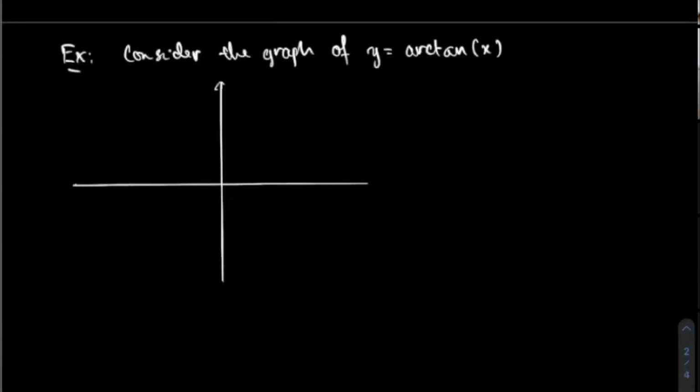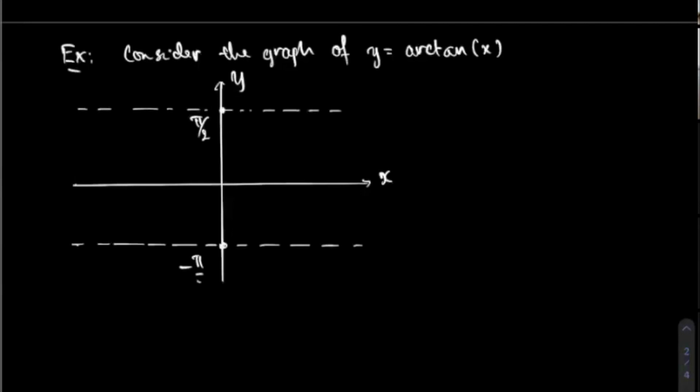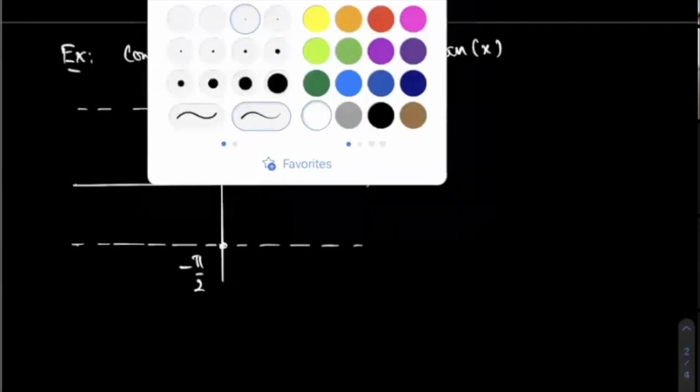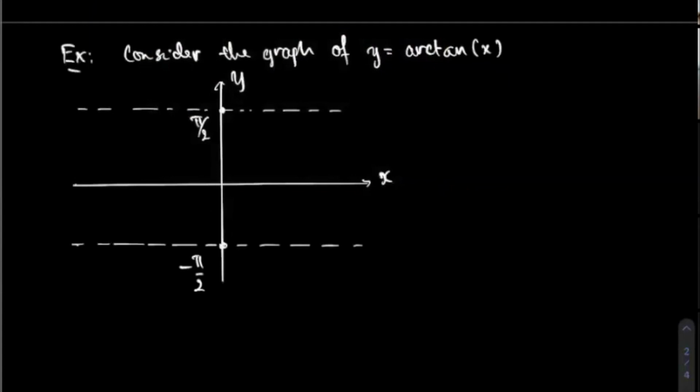So let's take a look at this example. Consider the graph of y equal to arctangent of x. This is the graph. This is x, this is y, this point is pi over 2, and this point is negative pi over 2. The graph of the inverse tangent function looks like this.